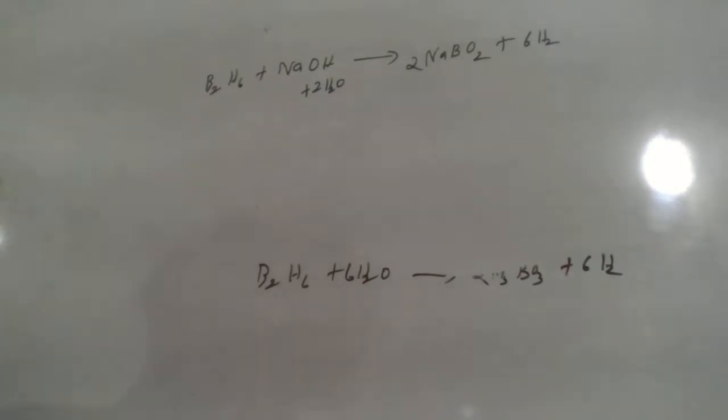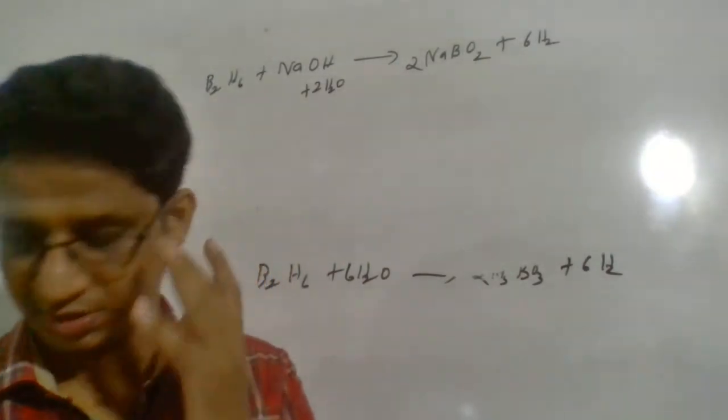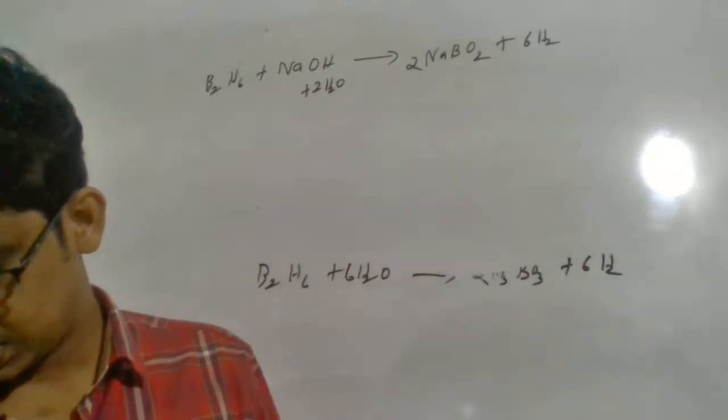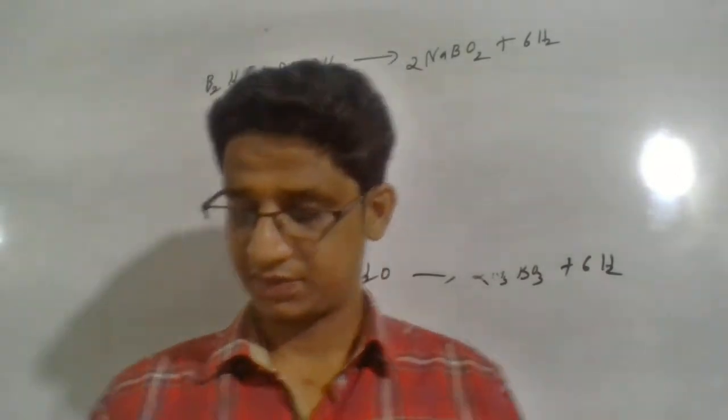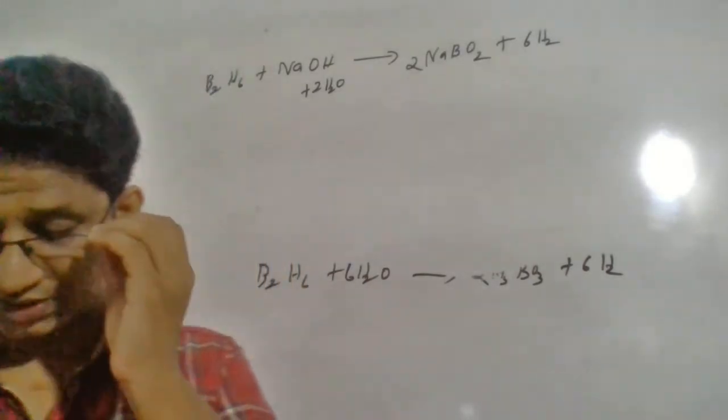So in presence of sodium hydroxide and water, diborane is converted into sodium metaborate. That's another product that we obtain when treated with alkali. Hydrogen gas will be released. So that is the reaction with alkali.